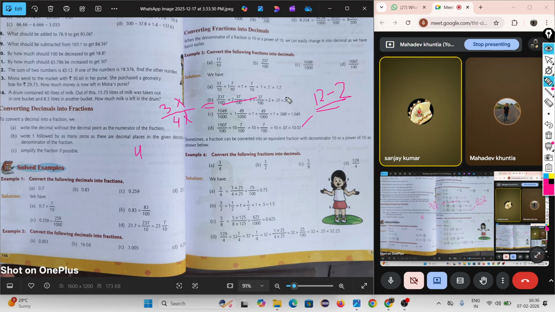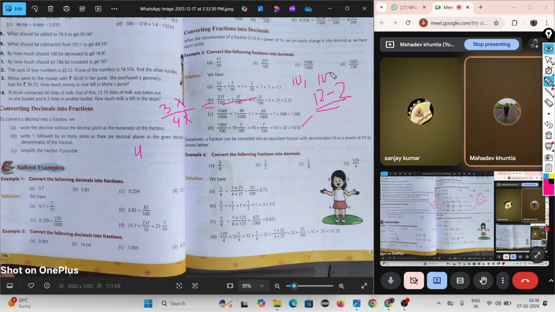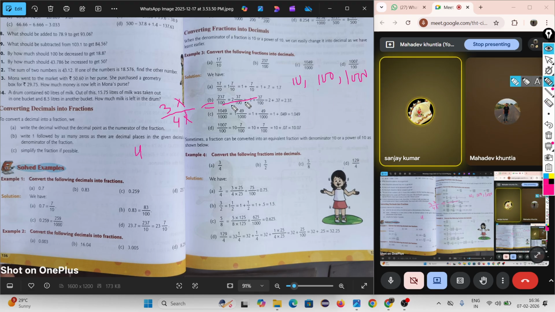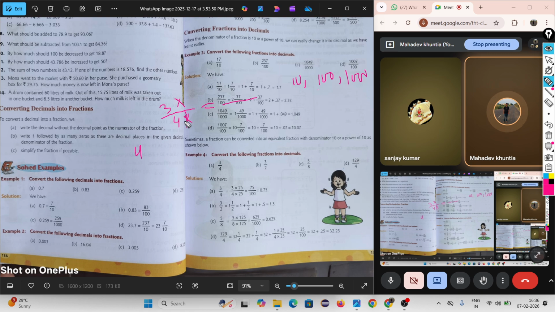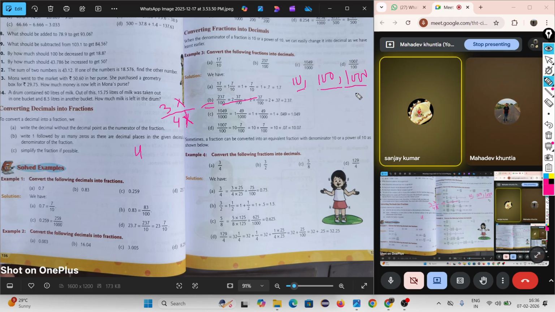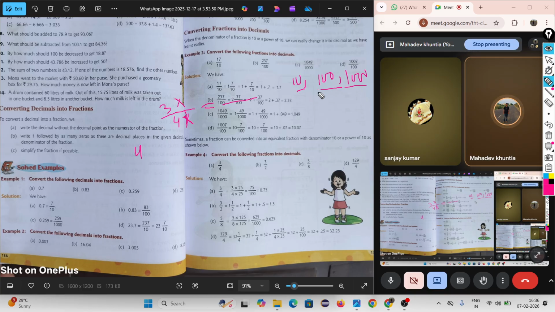Can we convert this denominator 4 into 10 or 100 or 1000? Yes, 4 can be converted into 100.